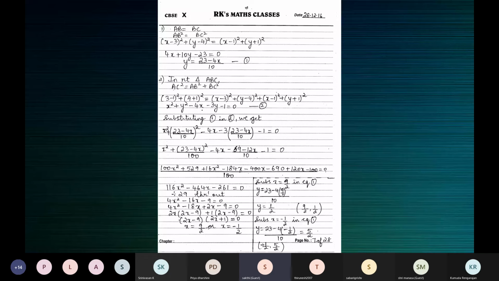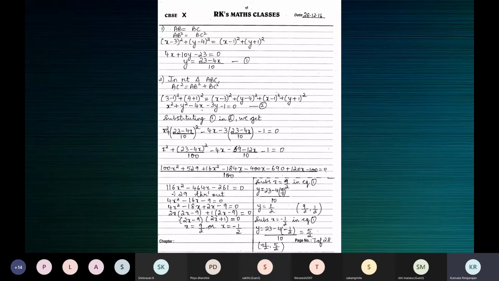Ma'am, I found the value of AB is equal to BC by taking the root of (3 minus 1) the whole square. Is it correct? You found the value of? Ma'am, I used the distance formula to find this. But Pythagoras theorem has square, no?